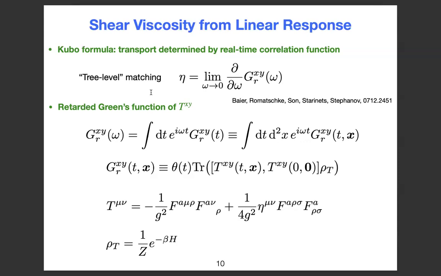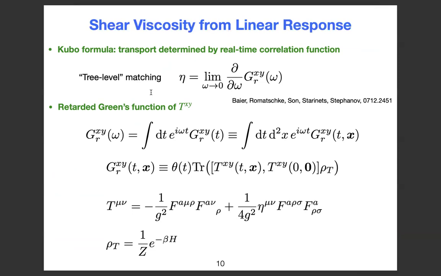And the retarded correlation function involved in this Kubo formula is defined by the commutator between two T_xy operators at a different time and a different position. There's also a theta function for the retarded propagation. And if we can calculate this real-time correlation function, then we can extract the shear viscosity.